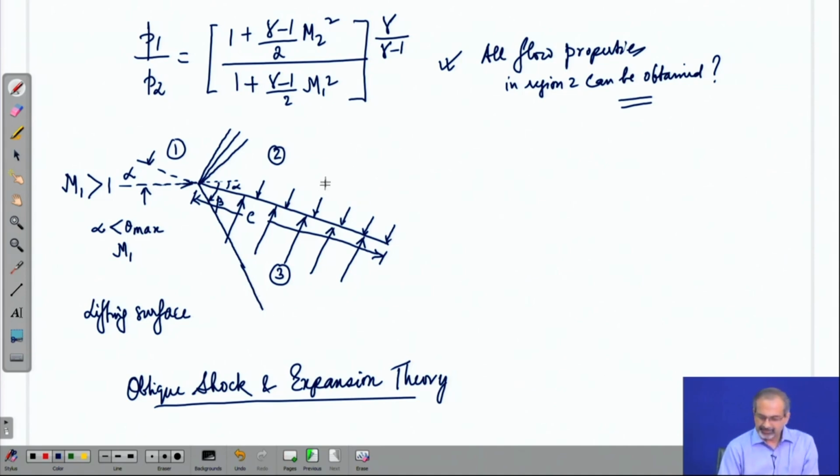So, in that case what you have is, because of the pressure distribution on the upper and lower surfaces of the plate, you have a resultant force R, and that acts on an area C into 1, right. So, that is the resultant force, which will be normal to the plate.